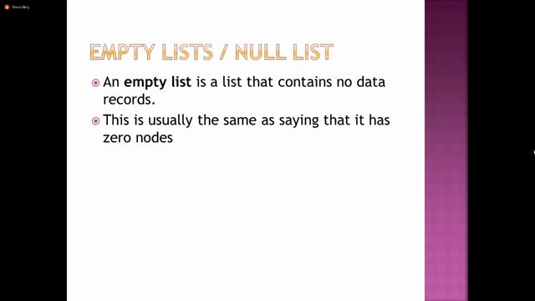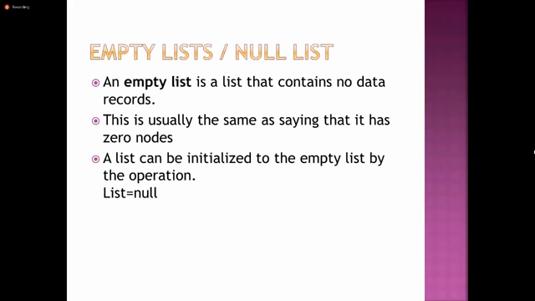Such an empty list or null list can be initialized using the operation called list assign null. Then there's a specific node called the sentinel node. In some implementations, an extra node called the sentinel node or the dummy node is added.